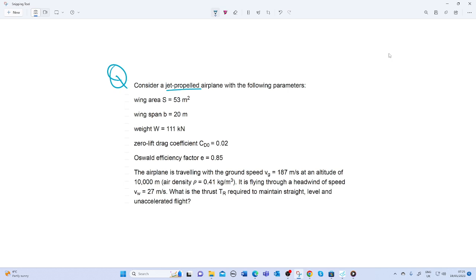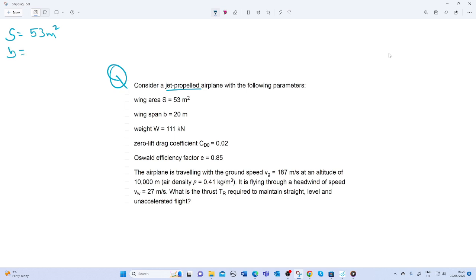Now, let's pull out all the parameters given for our jet-propelled aircraft. Our S is given, which is a wing area 53 meters squared.